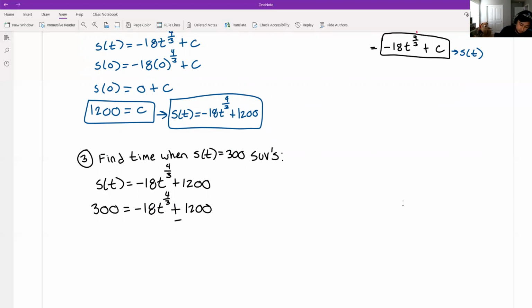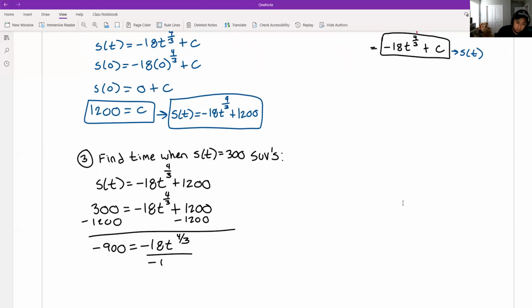Minus 1200, minus 1200. Negative 900 equals negative 18t to the 4/3. Then divide by negative 18. And 900 over 18 becomes 50. 50 equals t to the 4/3.